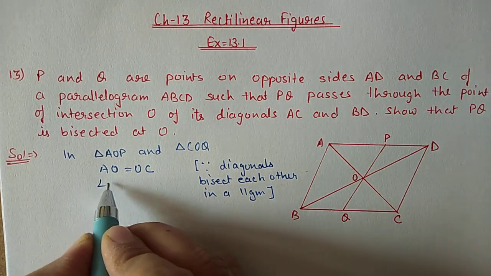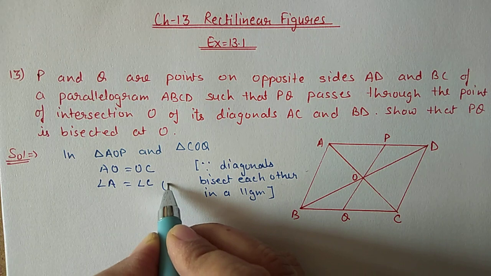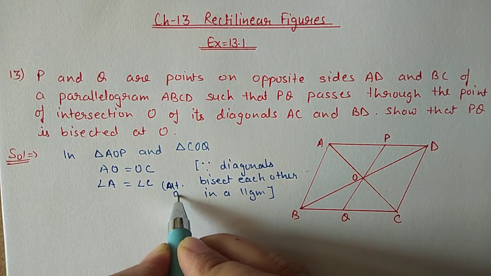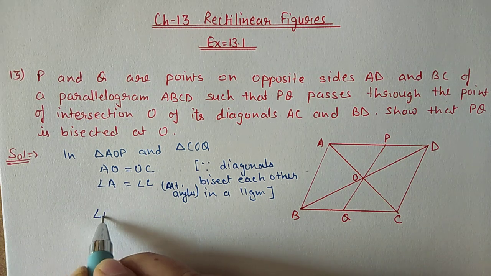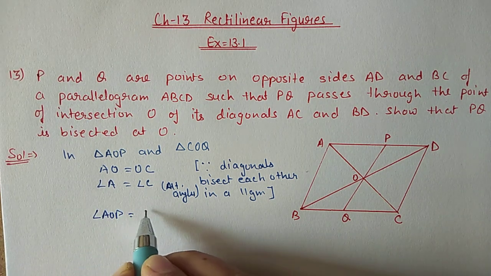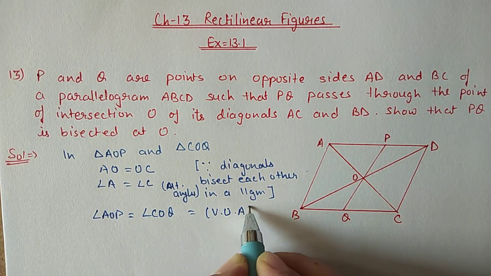Second, angle A is equal to angle C, alternate angles. And third, angle AOP is equal to angle COQ. These two angles are vertically opposite angles.